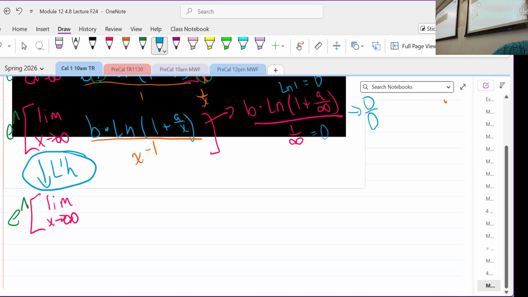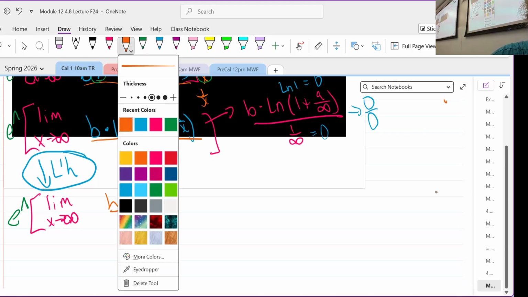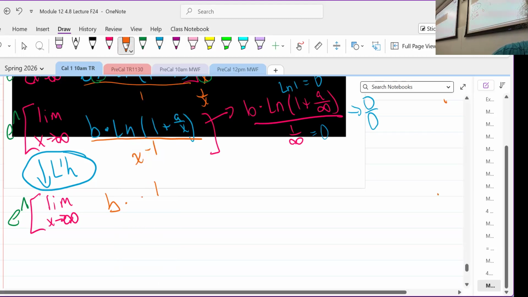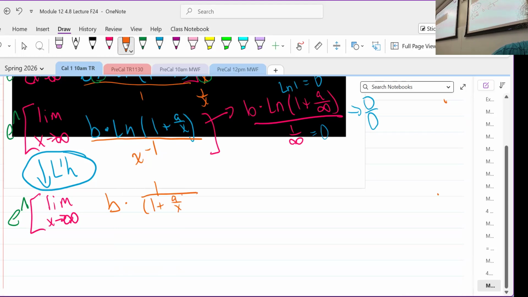So on top, the b is a constant. So it's just going to carry through. The derivative of natural log of something is 1 over the something, times the derivative of something.